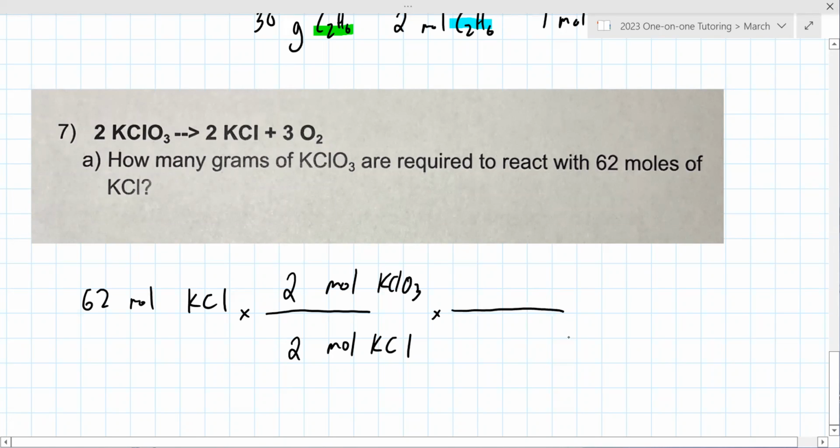Now, what goes on the bottom right is what was on the top left. So on the bottom right is now 2 moles KClO3. And we want to go to grams of KClO3. So that's where we go grams KClO3.